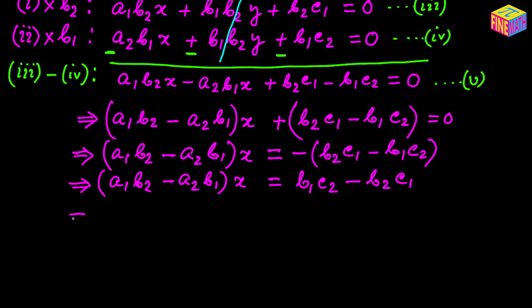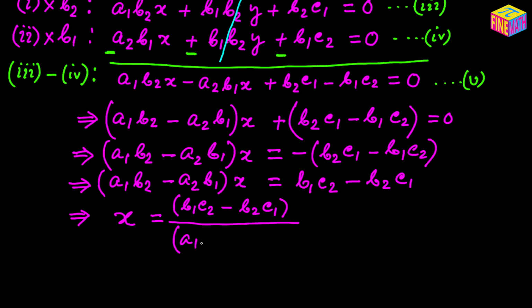From here we can say that x is equal to, now we are going to bring a sub 1 b sub 2 minus a sub 2 b sub 1 to the right hand side. We are going to transpose that, right? On the right hand side we already have b sub 1 c sub 2 minus b sub 2 c sub 1, and we are going to bring the coefficient of x, which is a sub 1 b sub 2 minus a sub 2 b sub 1.